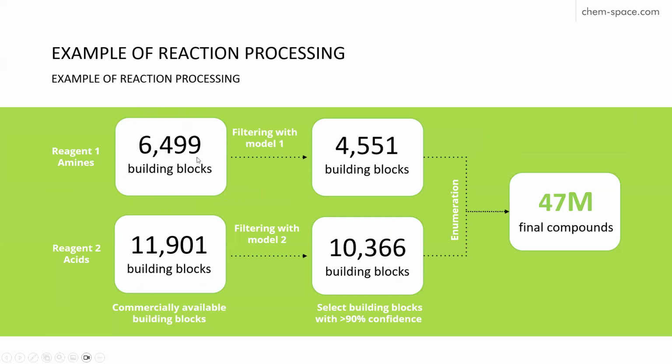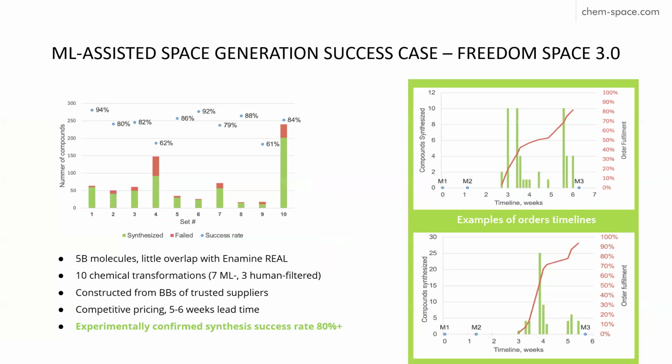Then we do filtering: we apply separate models, one to filter out potentially unsuccessful amines, and another model to filter out potentially unsuccessful acids, and end up with refined pools of building blocks. And then we can proceed with enumeration and get the final set of molecules. This is ML filtering. ML-based filtering was actually applied for generating Freedom Space 3.0, the previous version, and it was done almost a year ago.